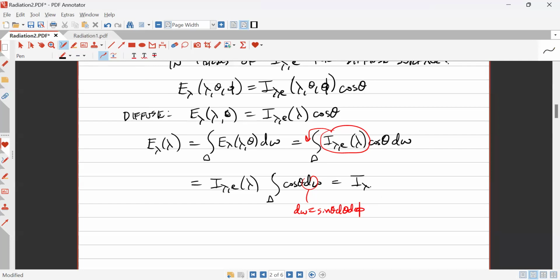So if we simplify this out, we get I sub lambda,e of lambda, and we're going to integrate over phi and theta. We know, again, from the example in the first module for integrating over a hemisphere, phi is going to go between 0 and 2 pi, and theta between 0 and pi over 2. Cosine theta, sine theta, d theta d phi. Now it's just a matter of doing a little bit of calculus.